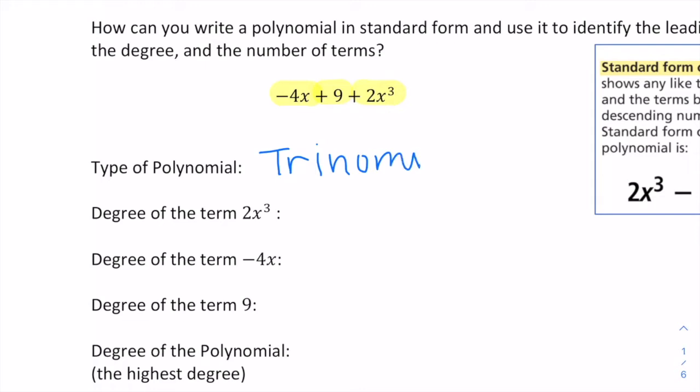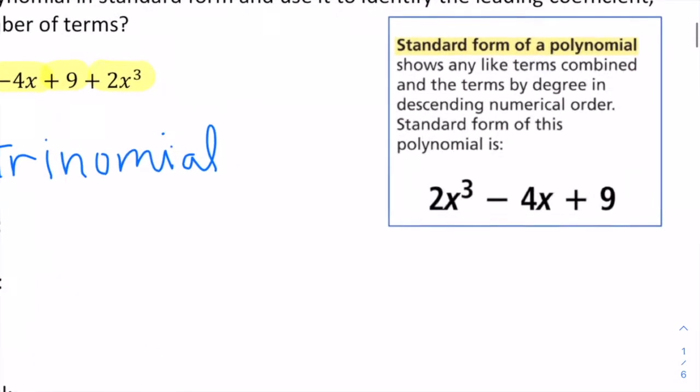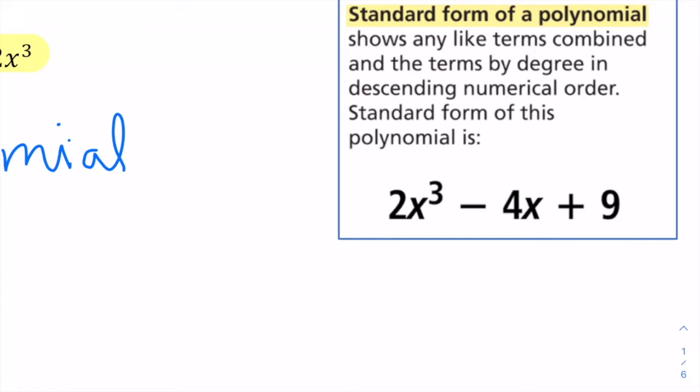Now I want to remind everybody that whenever we're looking at polynomials, we want to make sure to write them in standard form. So to write them in standard form, remember we have to have it in descending order by degree. So 2x cubed is first. That's the highest power of x.